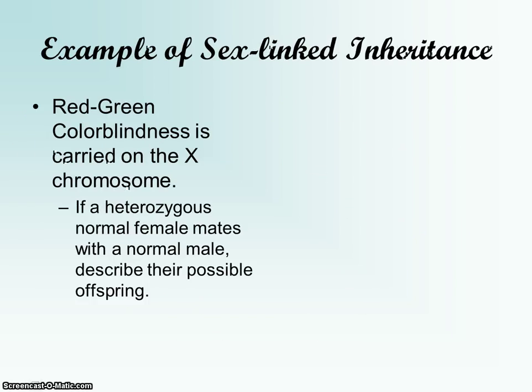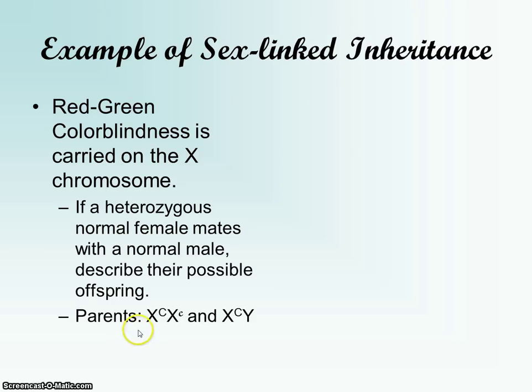So let's look at my color blindness example. Red-green color blindness is carried on the X chromosome, so it's attached to the X chromosome. Say you have a heterozygous normal female and a normal male. Let's cross their genotypes to see the possible outcomes for their children having color blindness.